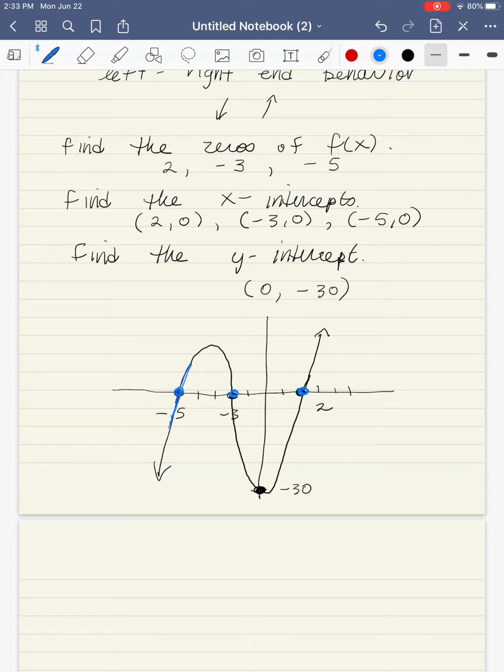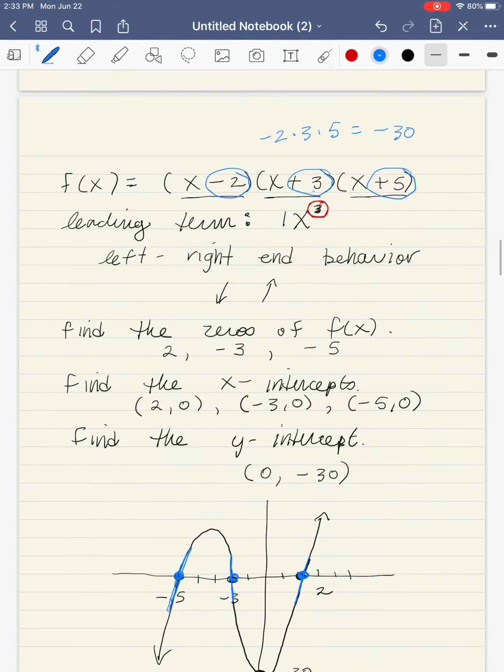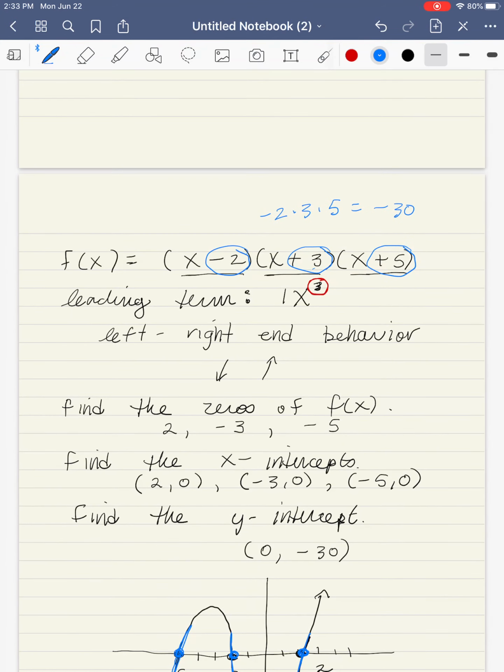Notice every time here, I crossed directly through an x-intercept. I went from one side of the graph all the way over to the other side of the graph. And we're going to learn that I knew I could do that. I knew that the graph was going to cross completely over to the other side because every one of these factors was to the first degree.